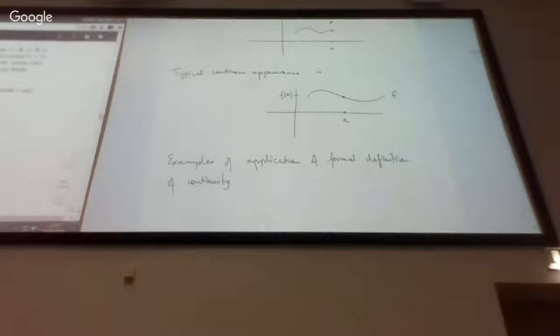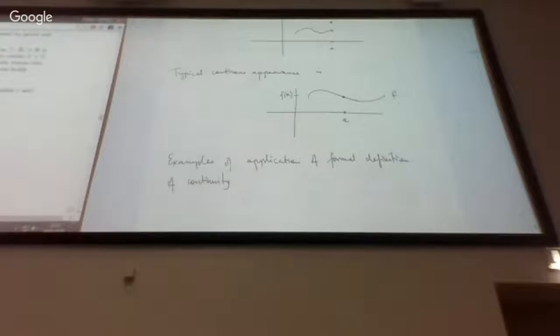And it links the behavior of the two parameters together. Okay. So we'll have a look at the formal definition now, and then look at an application of it, proving that continuity is preserved by adding functions together, taking linear combinations.